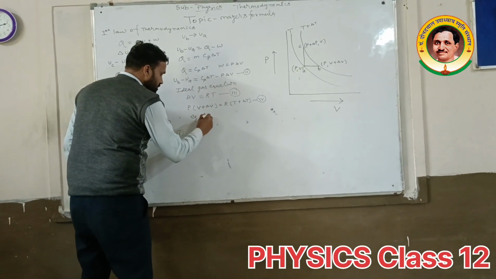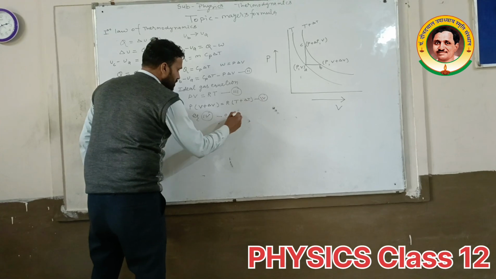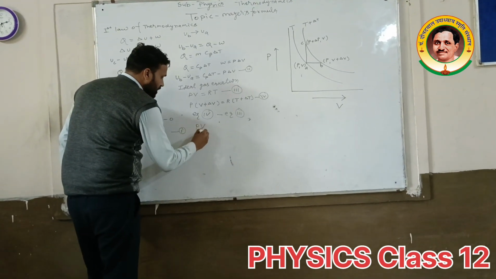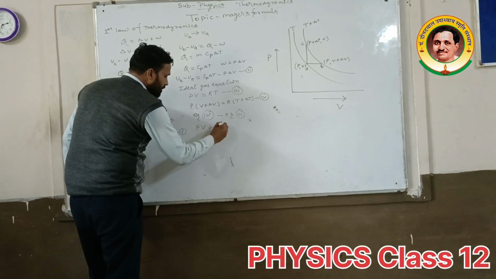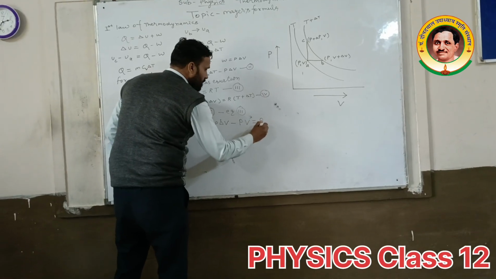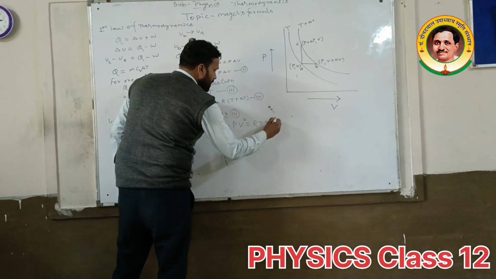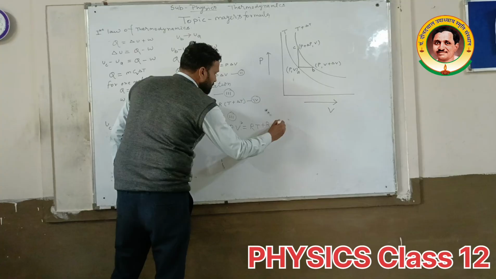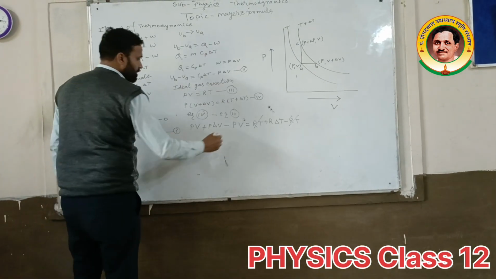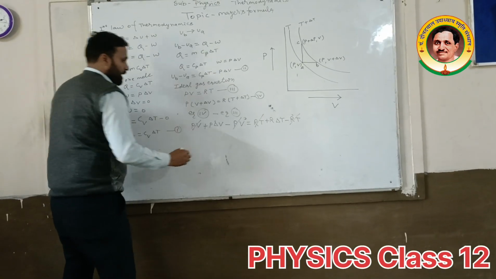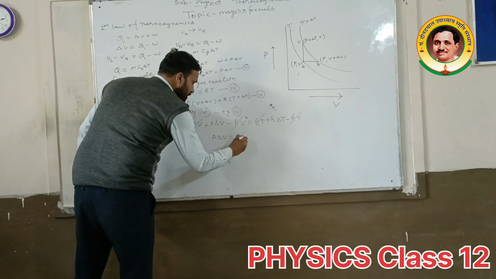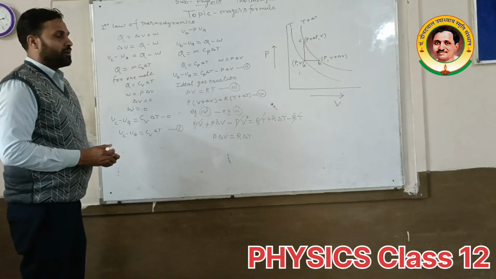Now equation fourth minus equation third. Then we can write PV plus P delta V minus PV equals RT plus R delta T minus RT. RT cancels RT and PV cancels PV, and it is P delta V equals R delta T.